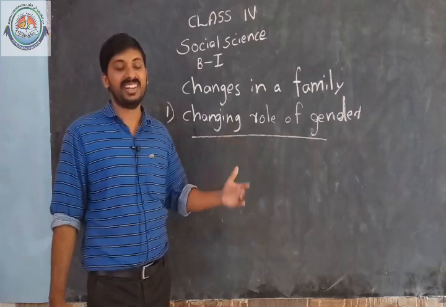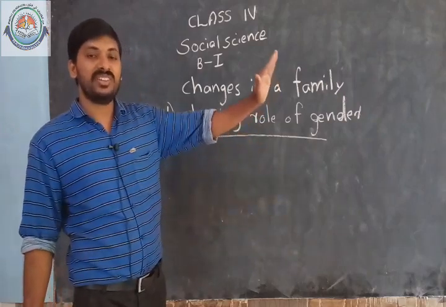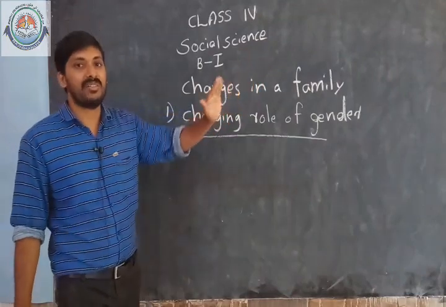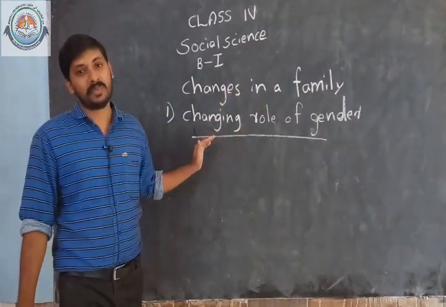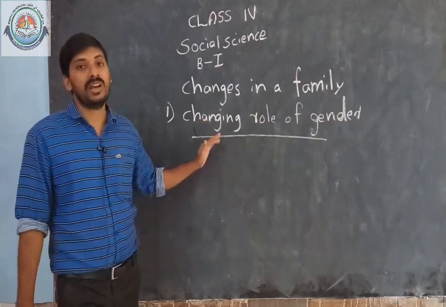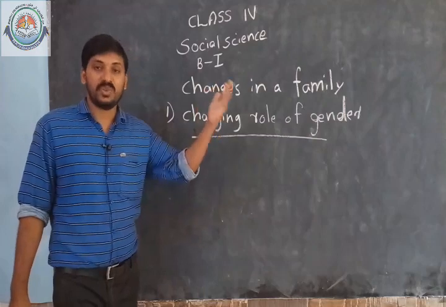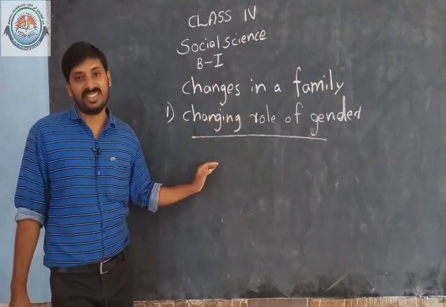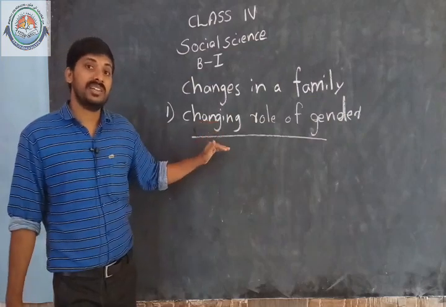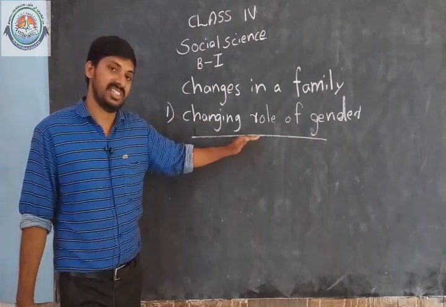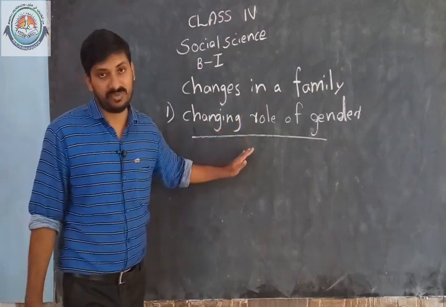Then Gayatri said, Rahul, you go to office, you go to work, I will cook lunch. Then Rahul said, no, why don't I go to office, you go to office. Then Gayatri said, no, mothers will cook lunch, they look after the home, and you go to work.